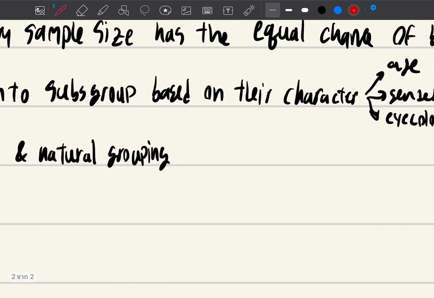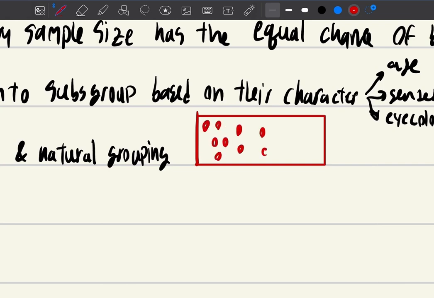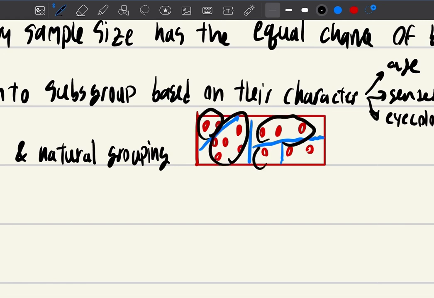For example, this is a population, and I divide it like this, like this, like this, and like this. So there is one cluster here, one cluster here, one cluster here, here, and here.